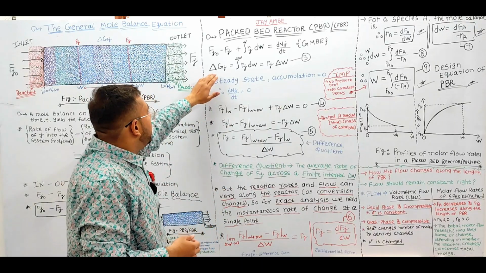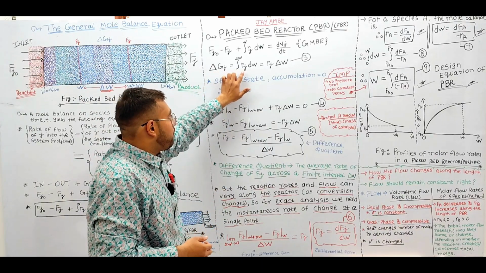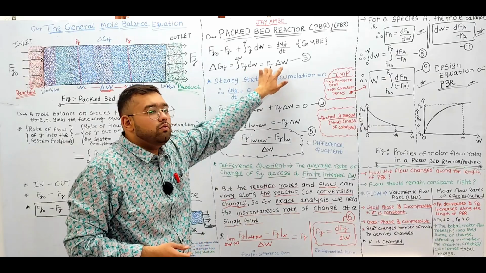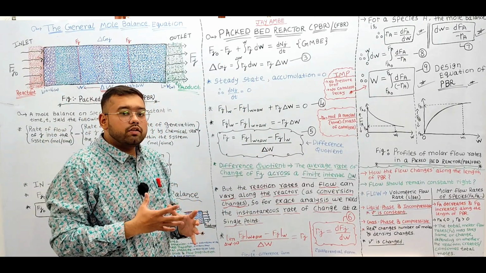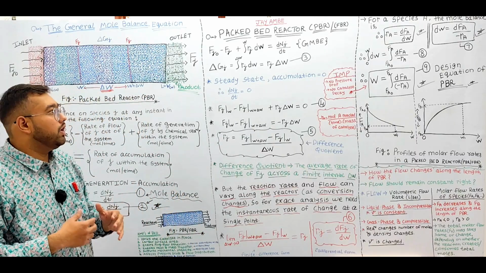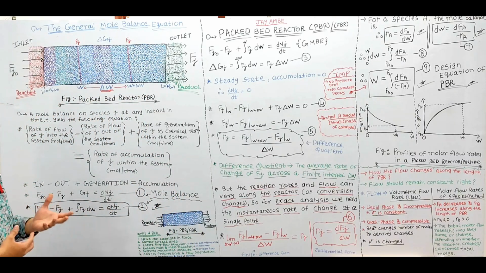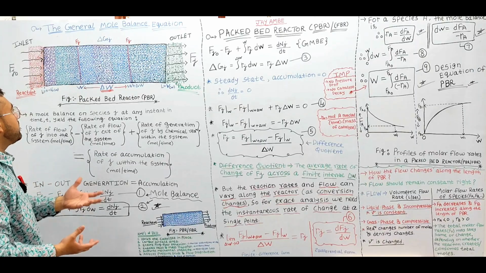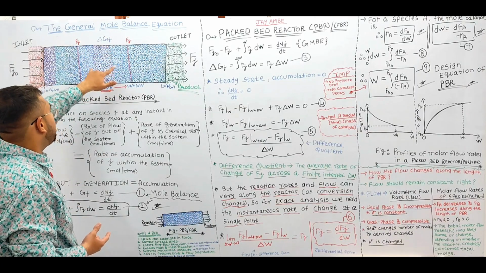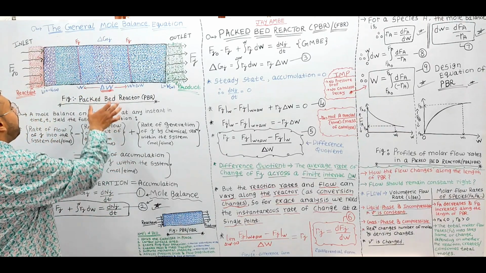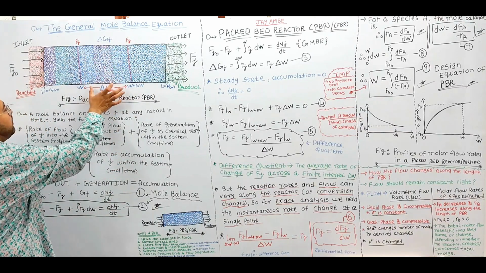And delta Gj can be written as the integration of Rj dW, which is equal to Rj delta W, which means the generation term is the product of the rate of reaction, the rate of formation, with respect to the differential weight of the catalyst, the differential amount of catalyst present in this differential element.